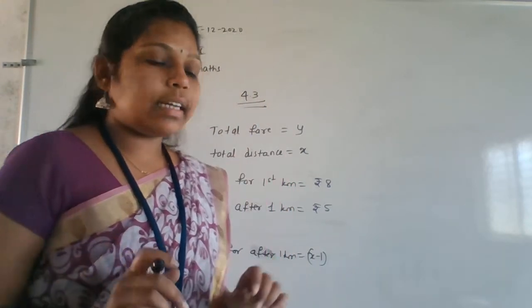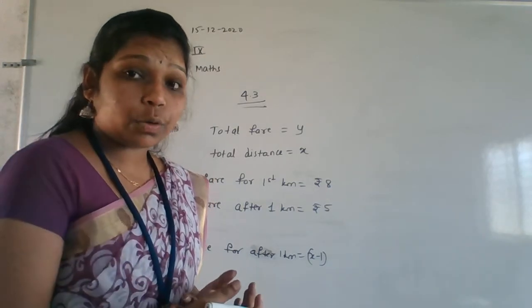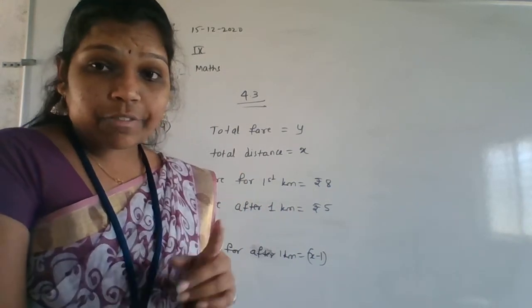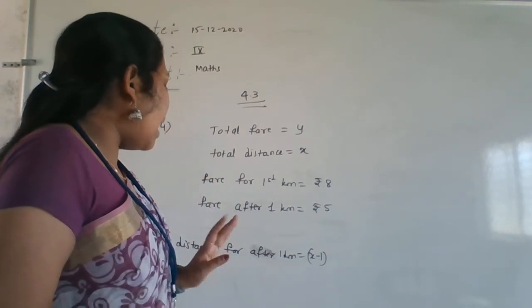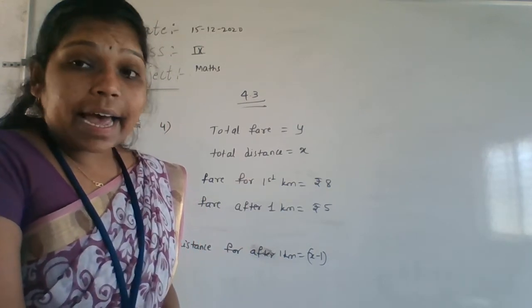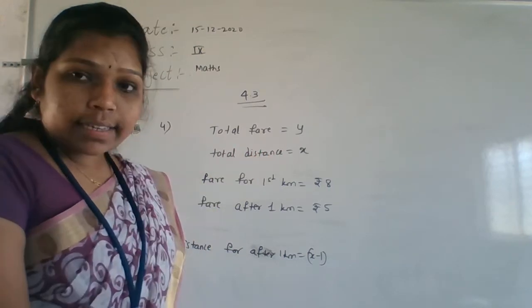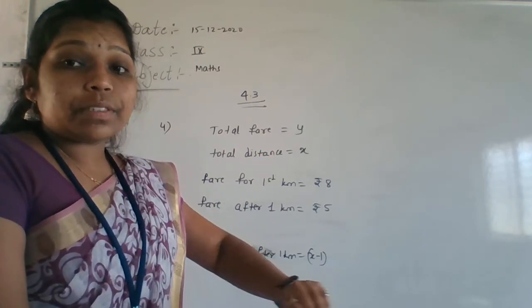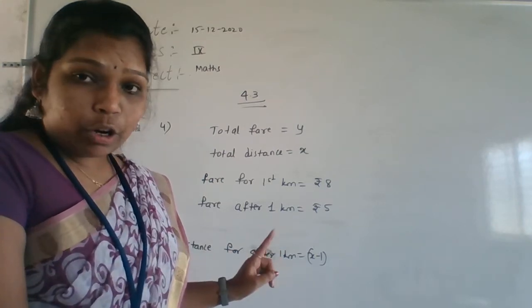So that is the distance after 1 kilometer. After 1 kilometer, the fare is rupees 5 per each kilometer. So for that I am taking the distance after 1 kilometer as x minus 1. The total distance is x here, we have to subtract 1 kilometer, which means x minus 1 kilometer.